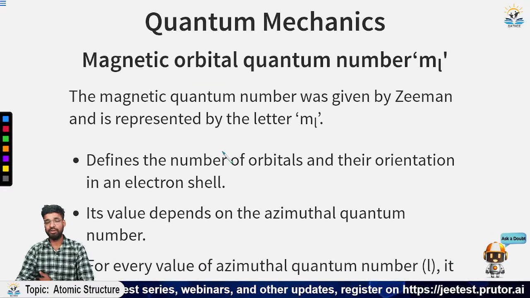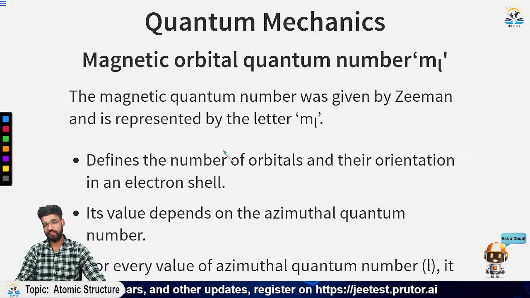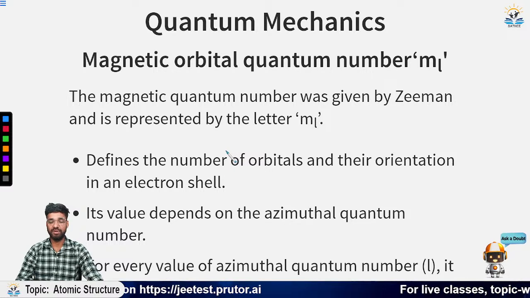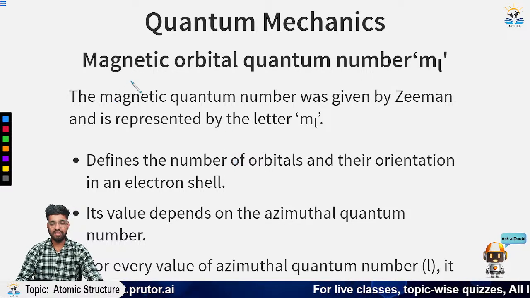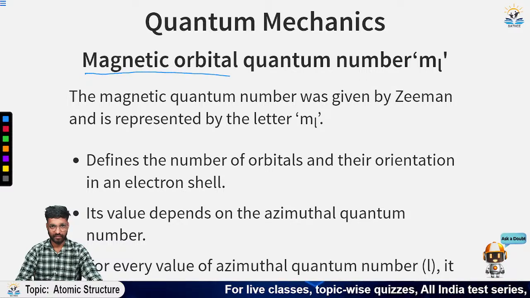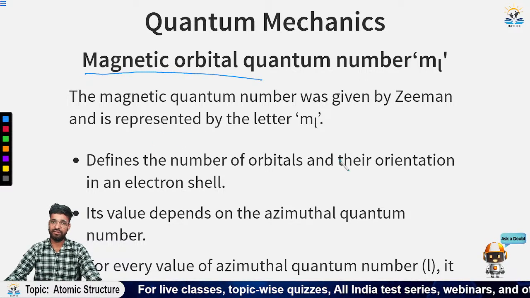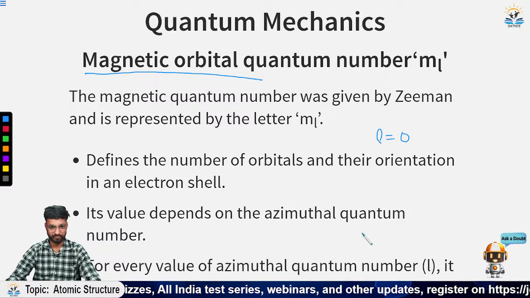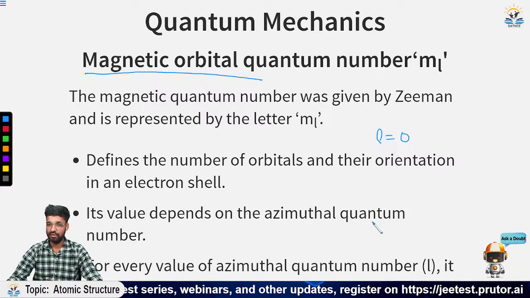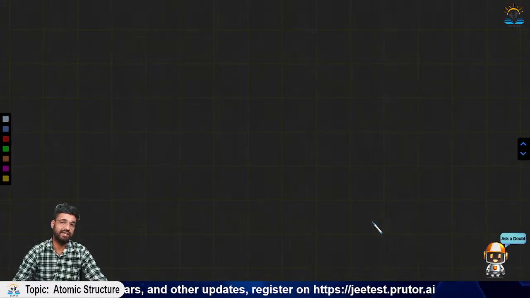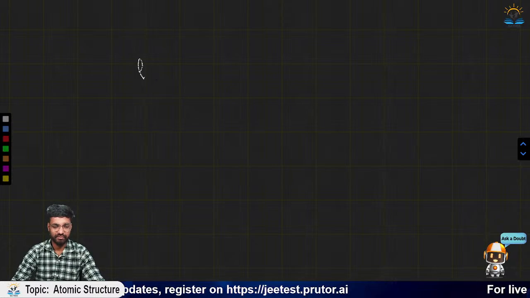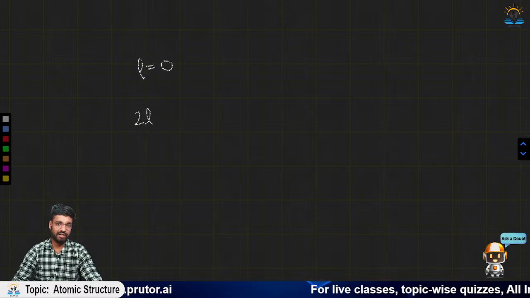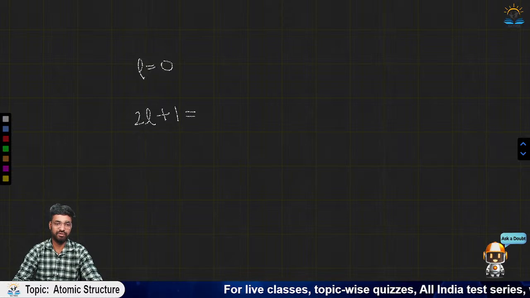Now to get how this px, py and pz came, let us move to another quantum number, that is the magnetic orbital quantum number. So what does this represent? Suppose we have the value of L is equal to 0. If you want to calculate the number of orbitals in it, then you will use this formula.